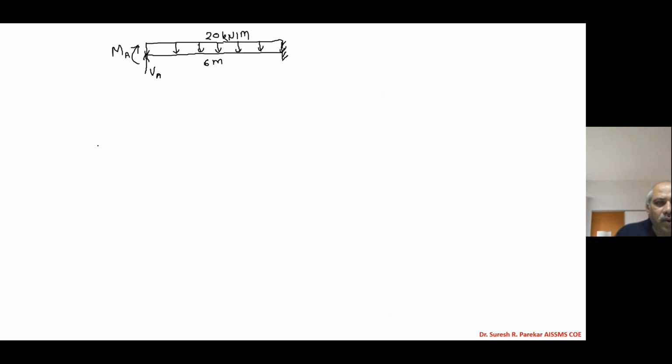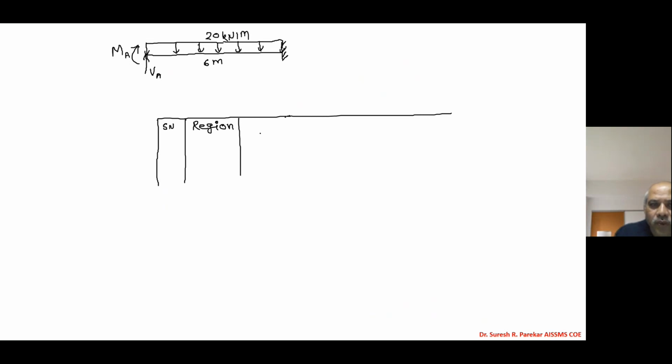So now we will go with the table. I will prepare the table. We have serial number, then region. We have only one region, but we have two redundants, so we have to go for the table.